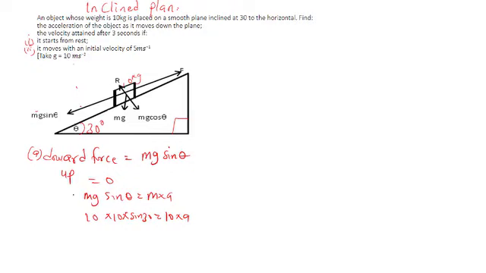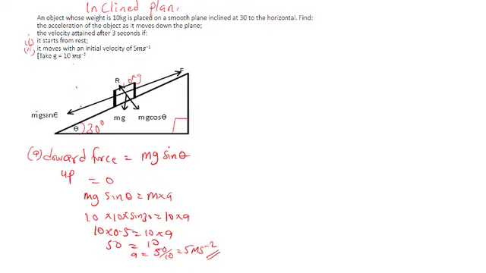Then sine 30 is 0.5. So this is 10 times 10 is 100, times 0.5, equal to 10 times a. So this is 50 equal to 10a. The value of a is 50 over 10, which is equal to 5 meters per second squared.